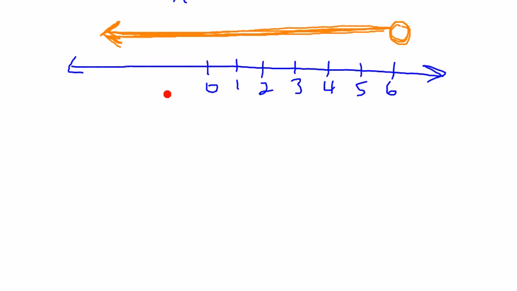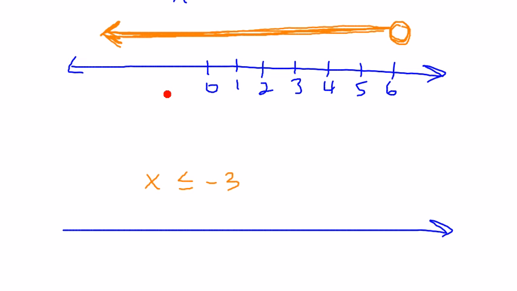Let's try one more. X less than or equal to -3. Okay, for this problem we will use a closed circle at -3 because it's less than or equal to, right?